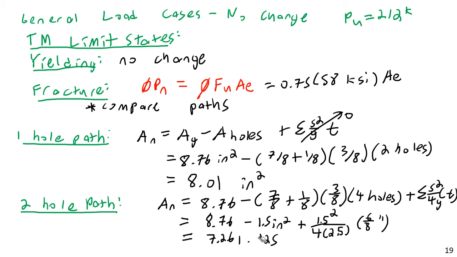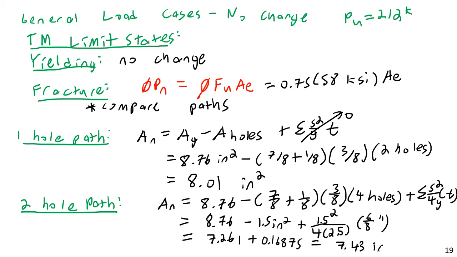So this minus this is 7.261, and then all of this term together comes out to 0.16875. And if I add 7.26 to that, I do get what I have in my notes, which is 7.43 square inches.